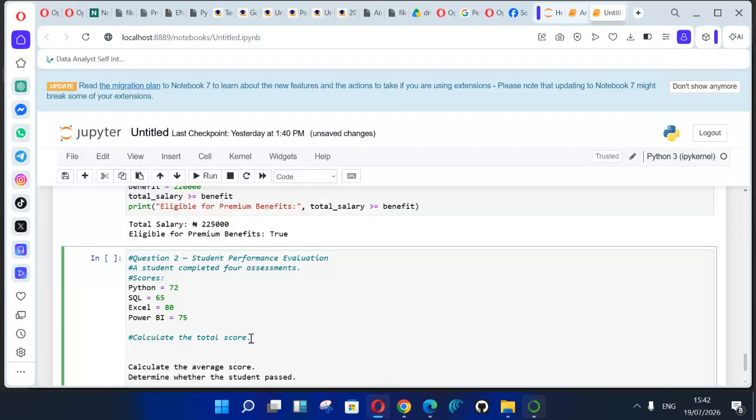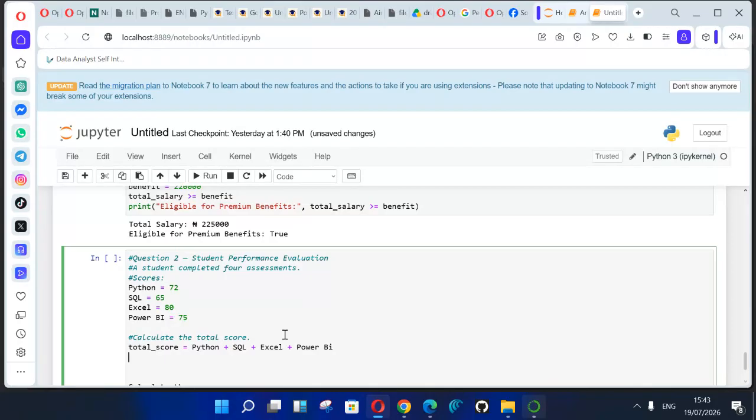The total score is going to be equals to, let's give it total score, is equals to Python plus SQL plus Excel plus Power BI. So this is the total score.